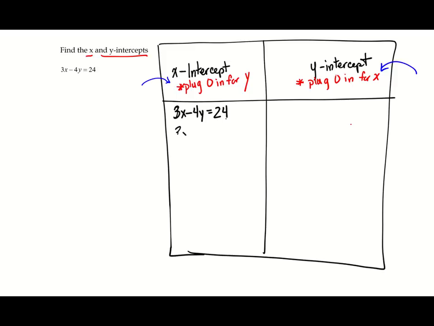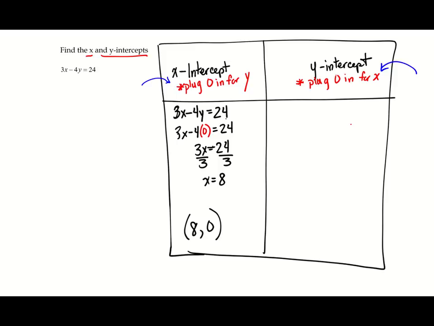So I'm going to have 3x minus 4 times 0, equals 24. Now I simplify it. 3x equals 24, divide by 3, and I get x equals 8. My x-intercept is 8, and then remember our y-coordinate was 0.